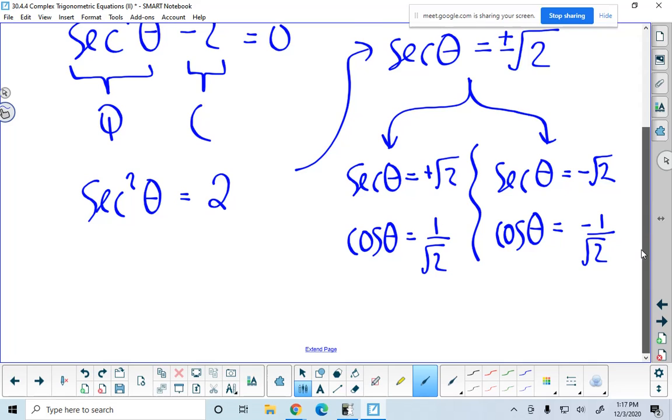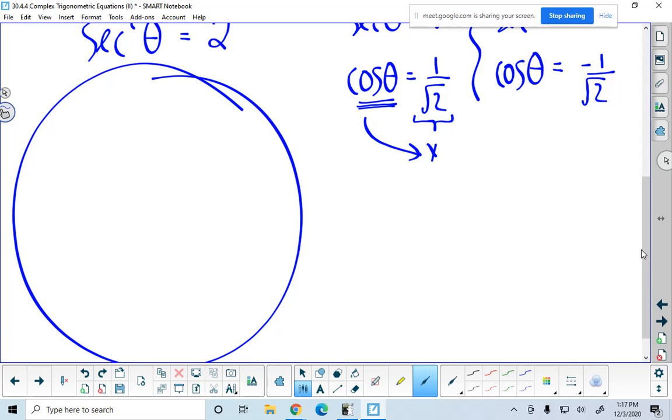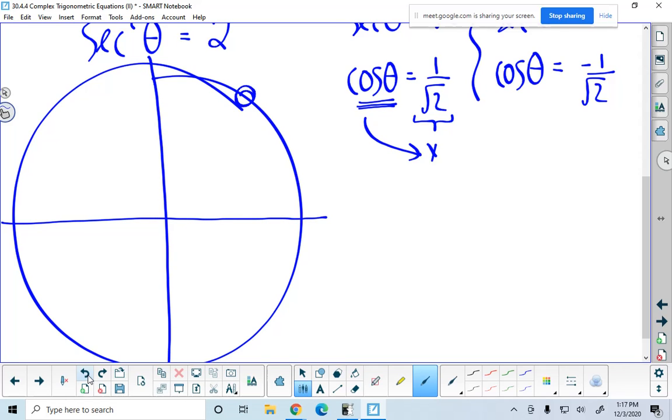You should recognize on the unit circle that this is a coordinate for x, and we're using x because it's cosine. It happens at the 45-degree angle in quadrant 1 and at the 45-degree angle in quadrant 4.